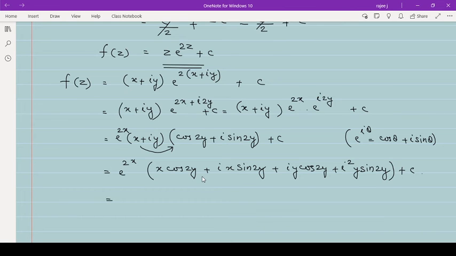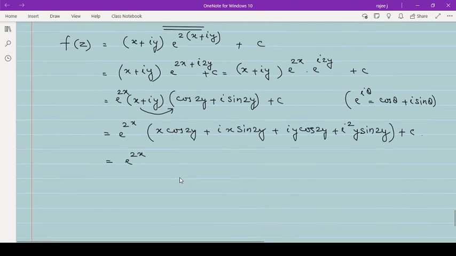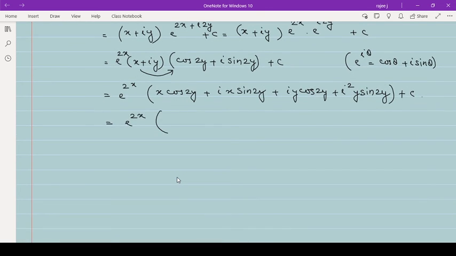So that is equal to e raised to 2x into, now I will write all the terms without i together. So x cos 2y, and this also without i because i square is minus 1, so minus y sin 2y. Then plus i into the i terms together, x sin 2y plus y cos 2y.